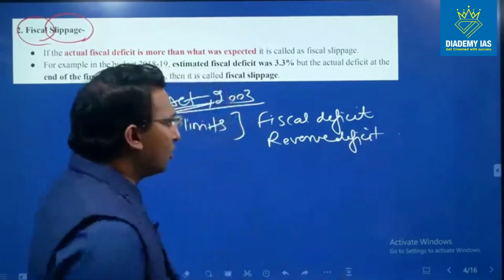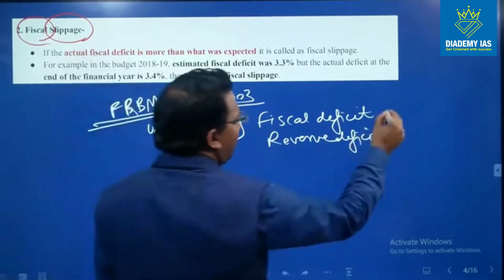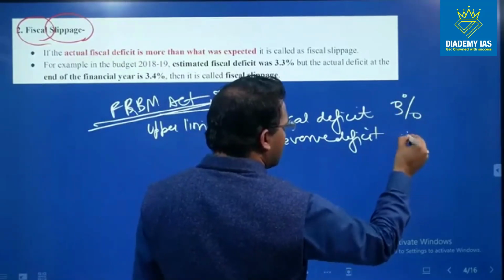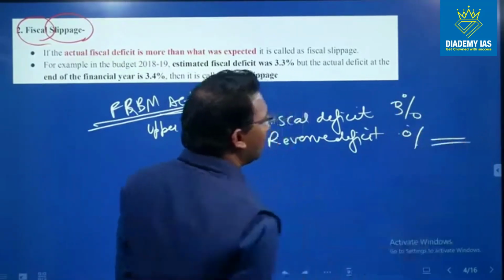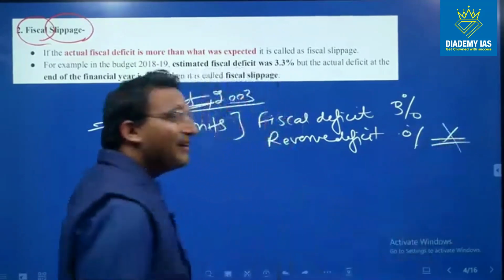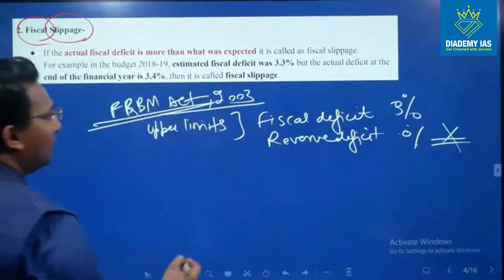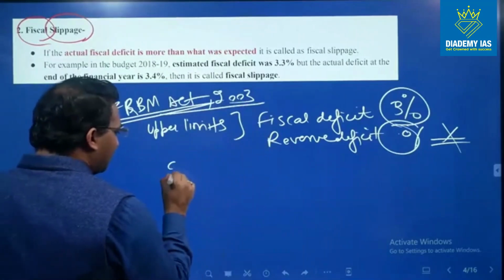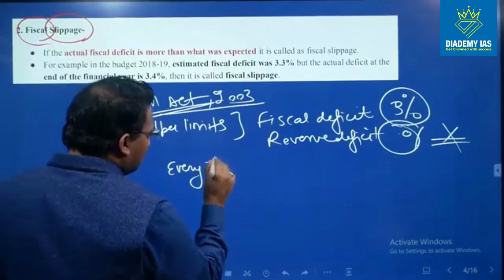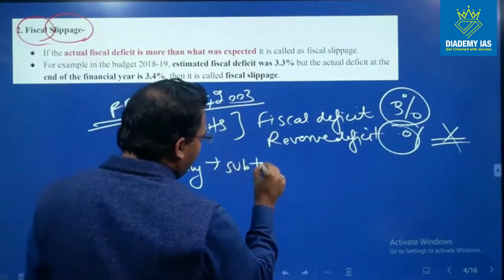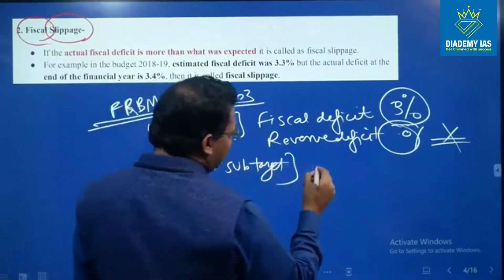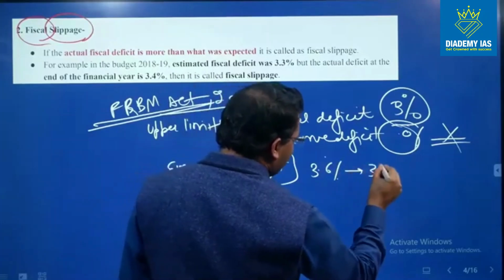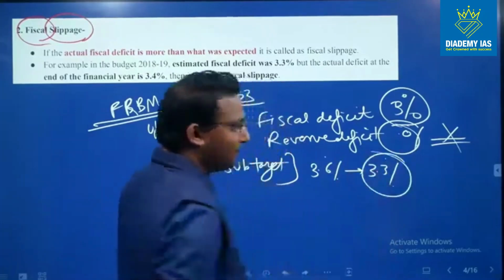So for the fiscal deficit, for example, the limit is 3%. In case of revenue deficit, earlier it was 0%, but as of now the government has not defined any particular target, though the government tries to reduce it to 0%. To achieve this 3% and this 0%, every year the government sets a sub-target. Suppose this year the fiscal deficit is 3.6%, so we will try to reduce it to 3.3% in this particular year.